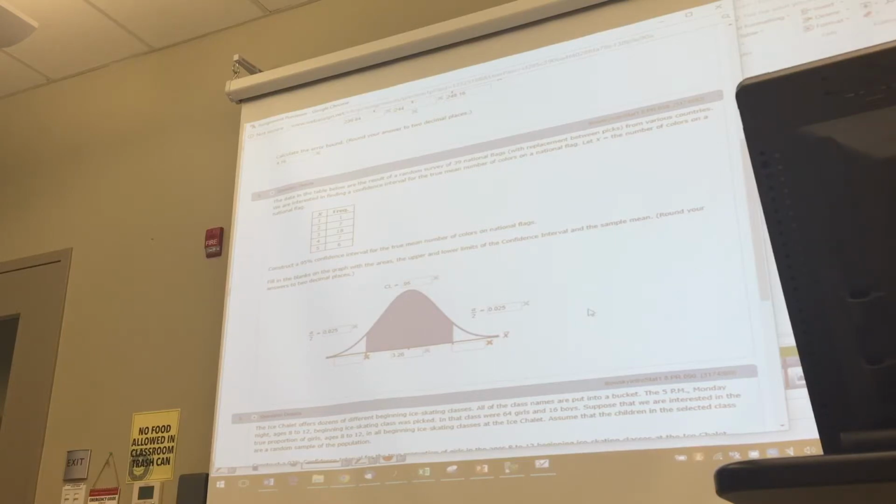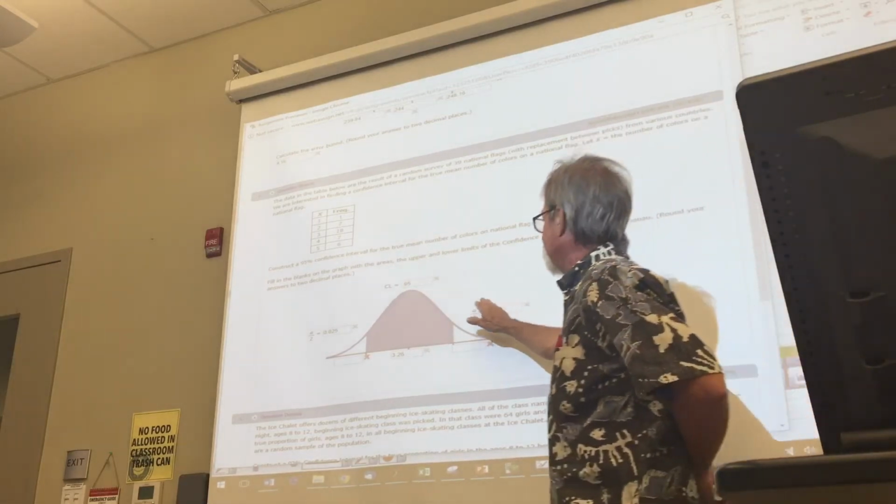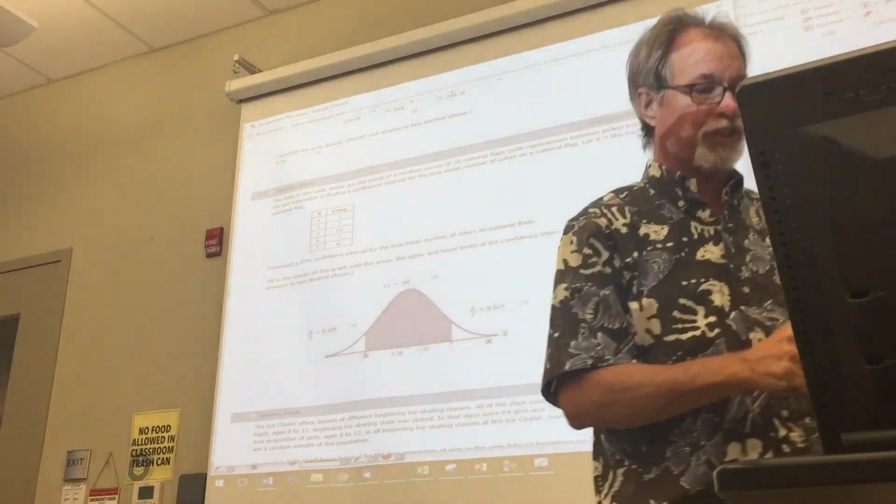Alpha divided by 2 is 0.025. No, this just tells me what column I'm using in the table.